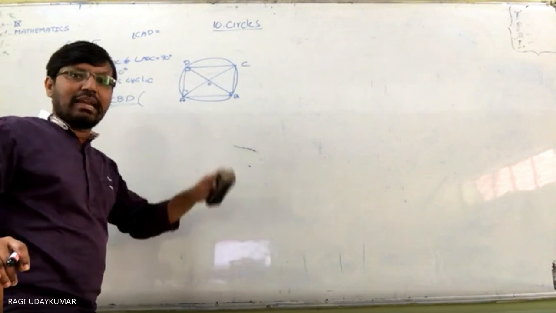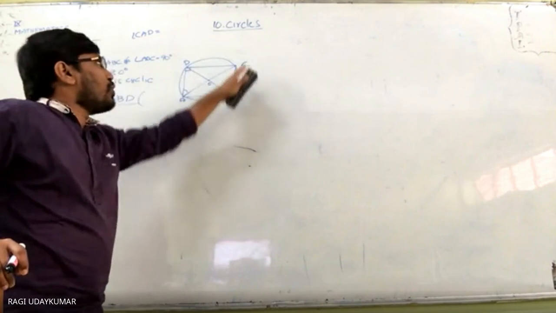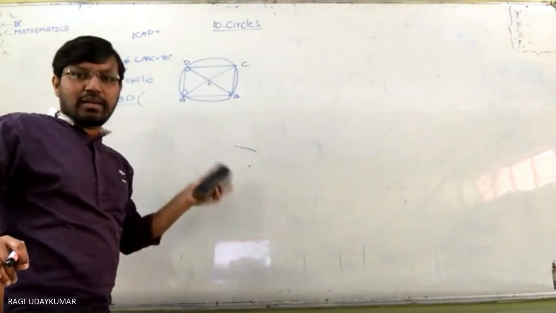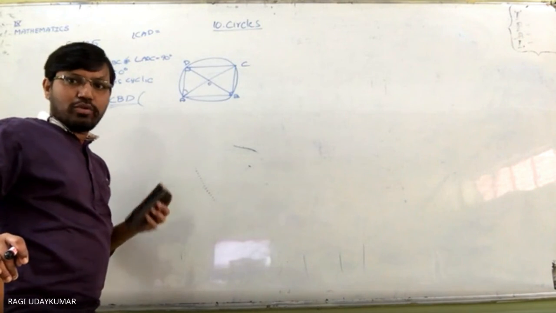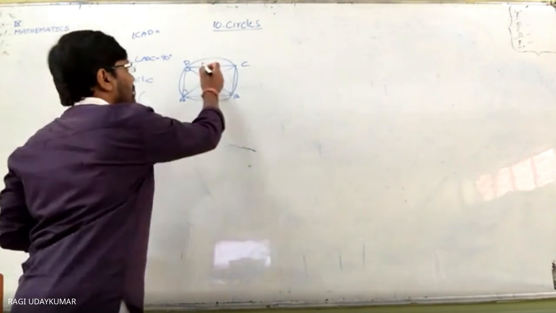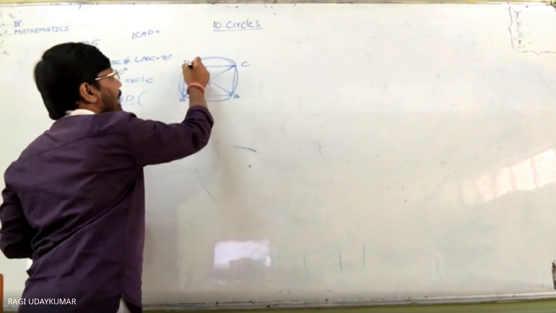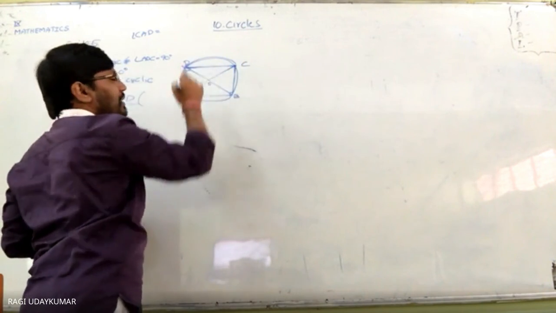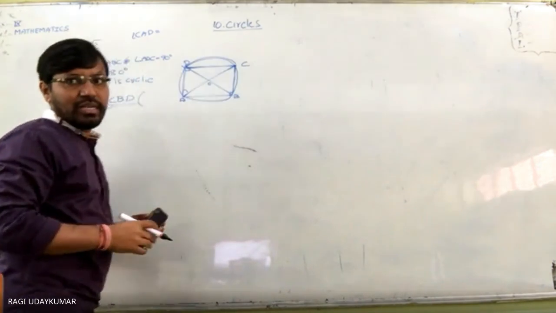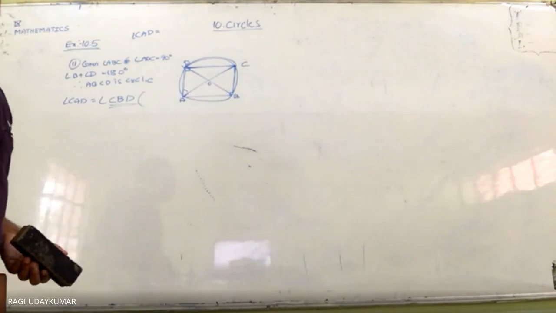Sum 180 means cyclic quadrilateral. ABCD is cyclic, so you can draw a circle passing through these. The center may be anything; it doesn't matter here. So then you can say that this arc gives angle CAD and angle CBD in the same segment. If you use the angles in the same segment concept, you will get the required solution.